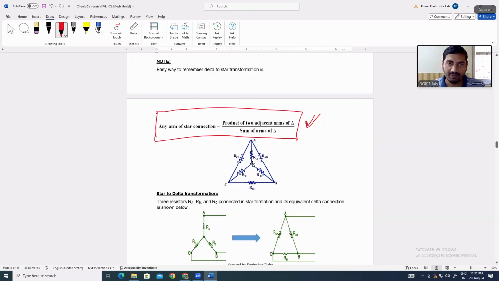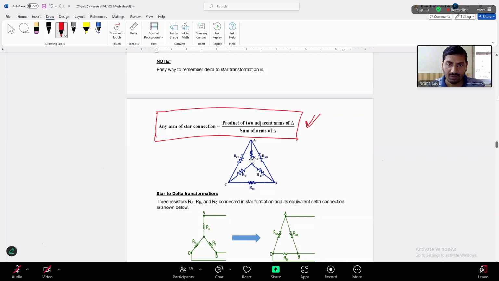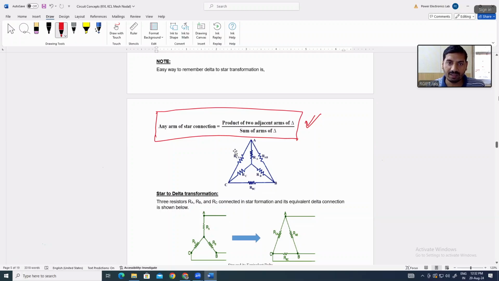This value of RA will be equal to product of two adjacent arms of delta. So this value of RA will be product of two adjacent arms, that is RAB RCA divided by sum of all arms of delta. Okay, RAB RBC RCA. Similarly, the value of RB can be product of two adjacent arms means RAB RBC divided by sum of all arm values. Okay, is it clear to you, all of you?